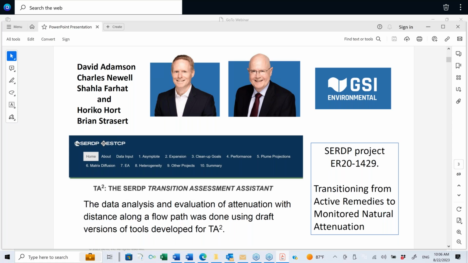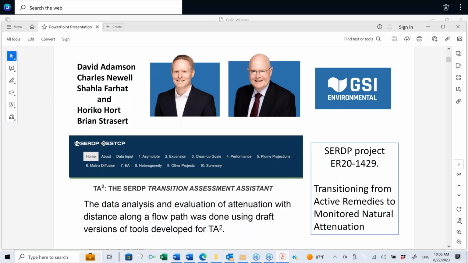And the other project is led by GSI Environmental in Houston, Dave Adamson and Charles Newell and Shala Farhat, who are developing a tool that can be used by site owners to facilitate, justify and explain a transition of remedies at a site from active remedies to monitored natural attenuation.